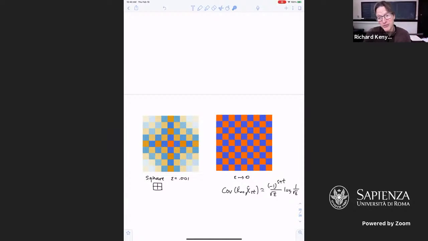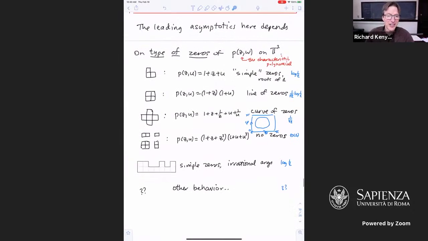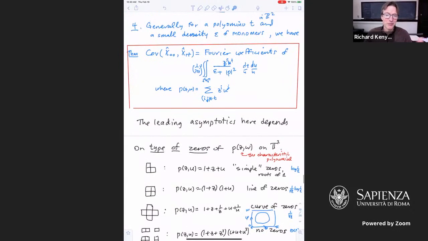Because they are Green's functions for the Laplacian, they do have some sort of variational formulation, but I think the simplest way to say it is that I'm just plotting the Fourier coefficients of this very simple characteristic function. Okay, thanks.